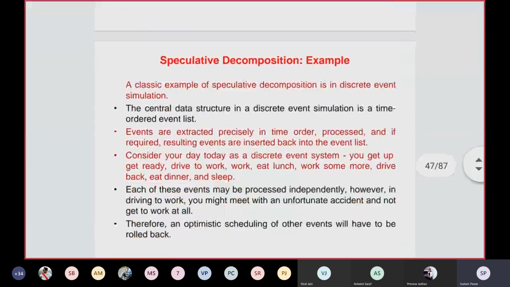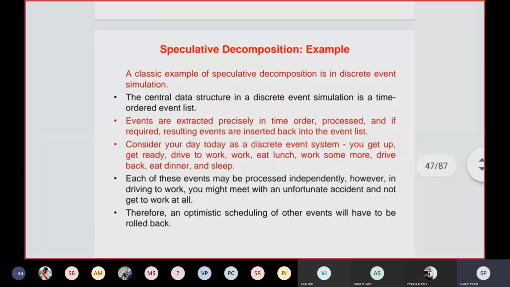Now we will take a well-known real-life example, but before that, we should know the examples where speculative decomposition is used. A well-known example is discrete event simulation, or network simulation.